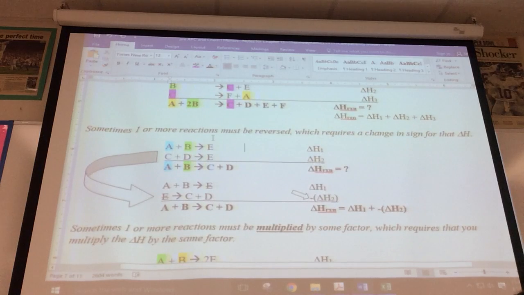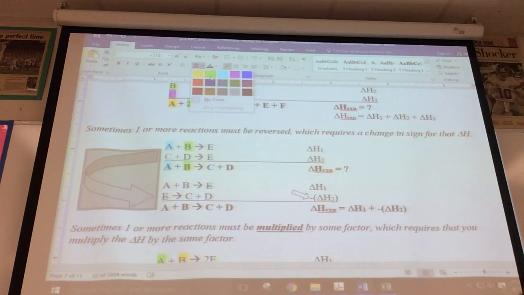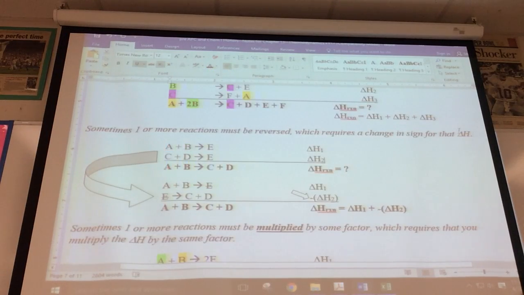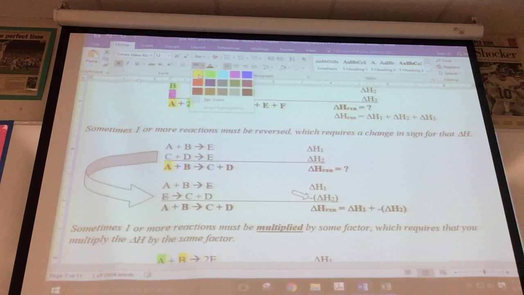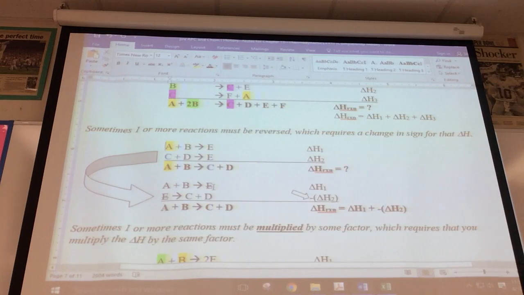Sometimes one or more reactions must be reversed, which requires a change in sign for that delta H. Again, my approach is to look at the first reactant. The first reactant here is A. I see it right there, strongly suggesting that the first equation as written is fine.